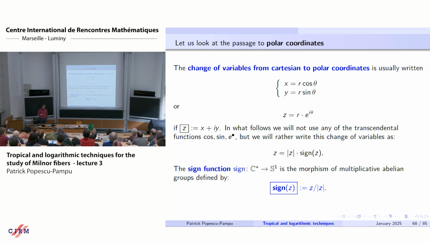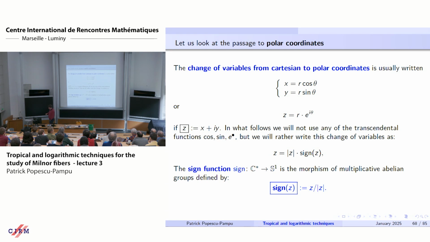But you see that in all these formulas appear transcendental functions: cosine, sine, exponential. And here we are in a context of algebraic geometry, and we would like to avoid as much as possible transcendental functions.